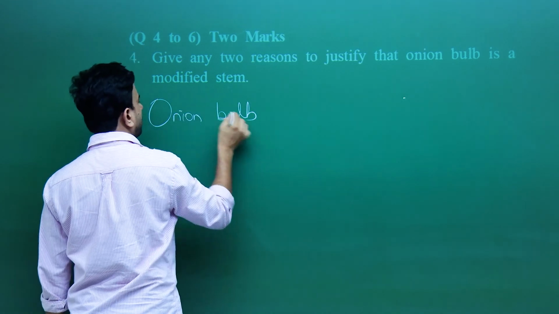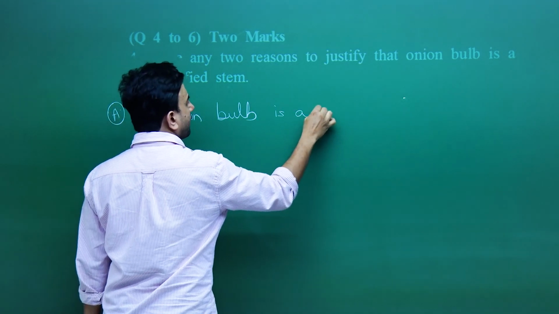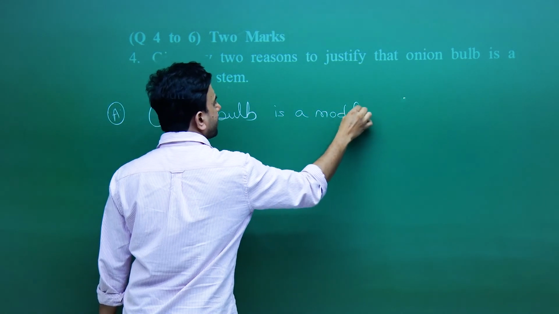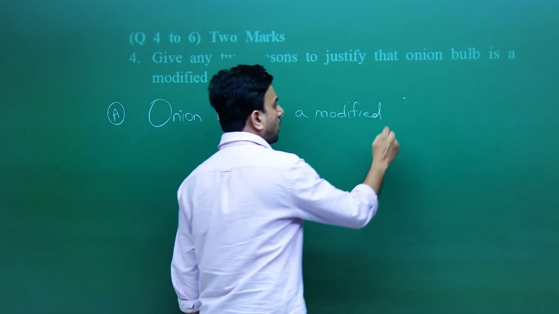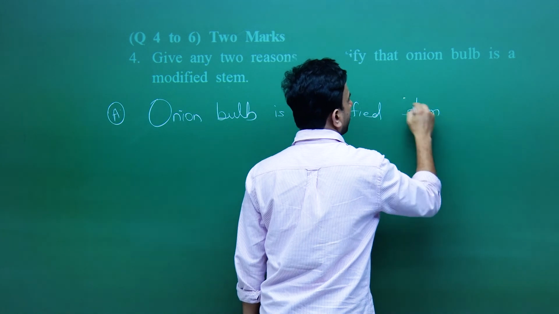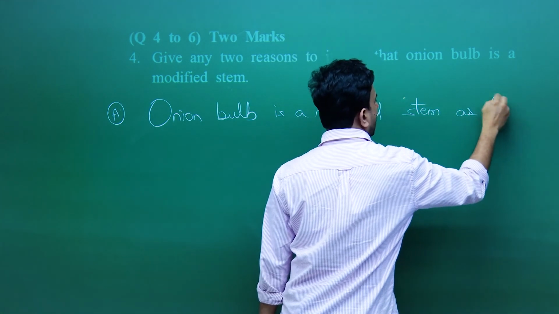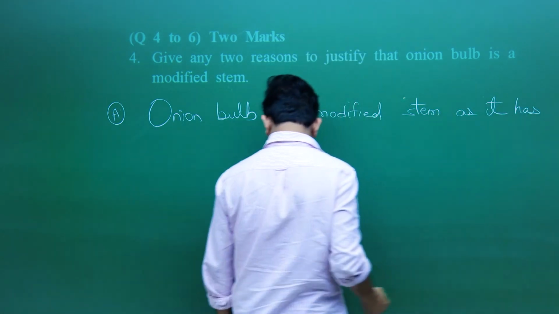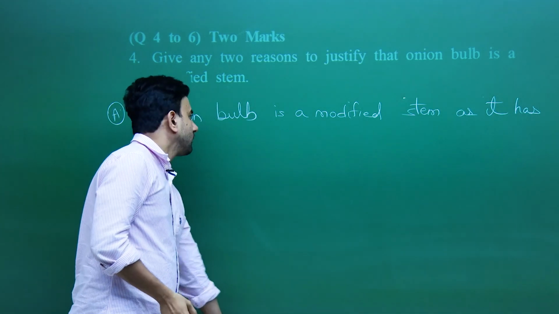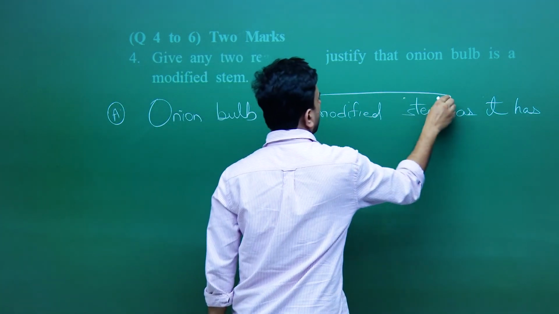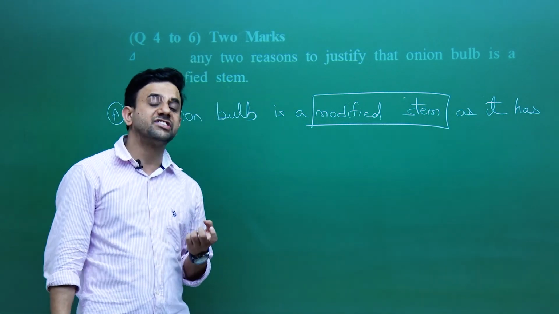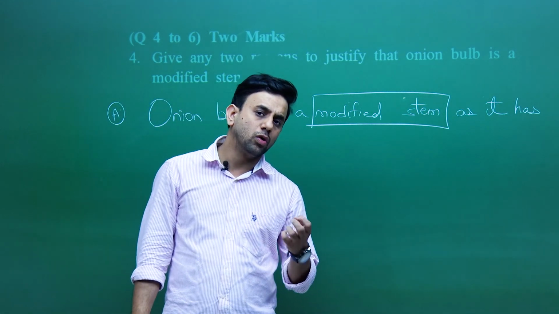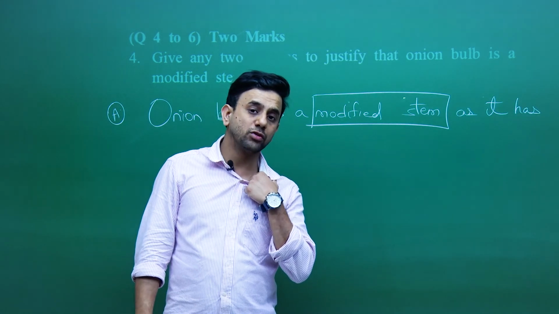Onion bulb is a modified stem as it has, first of all, fleshy and scaly leaves which store food, and what we eat.